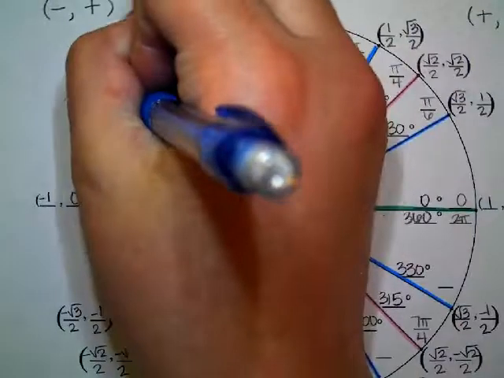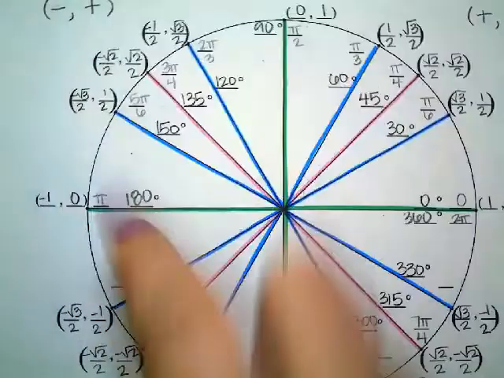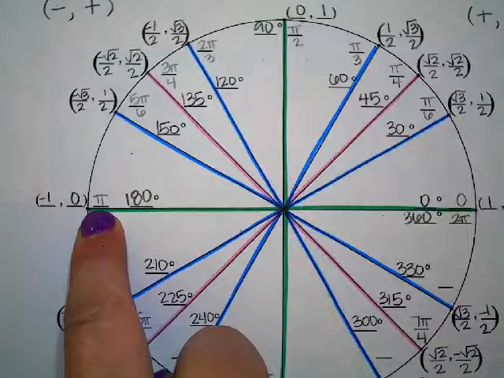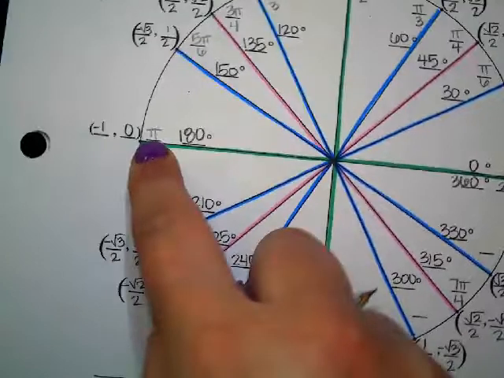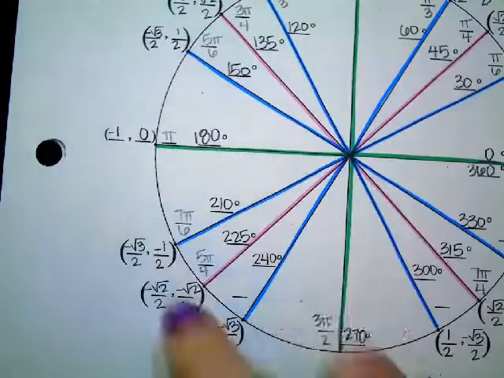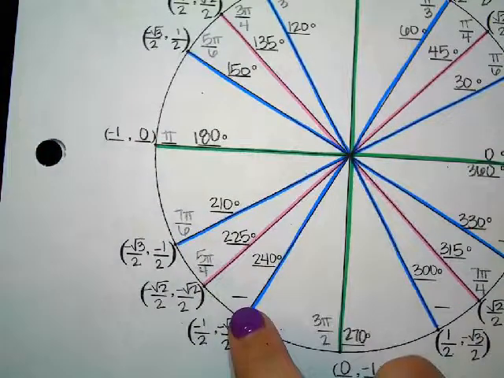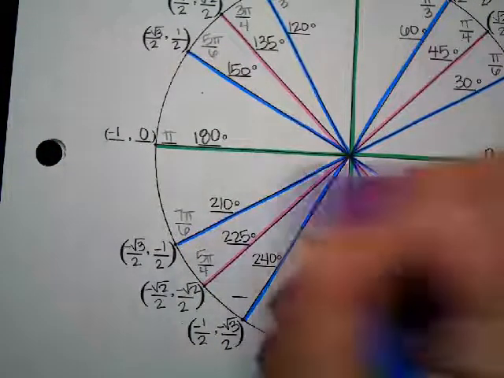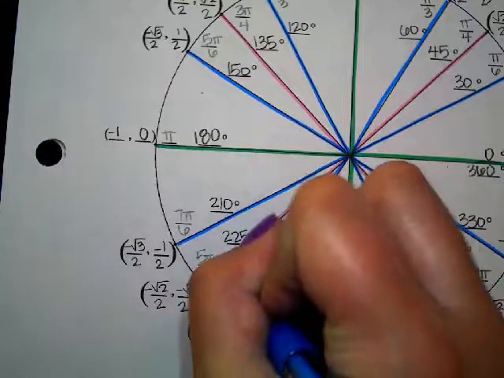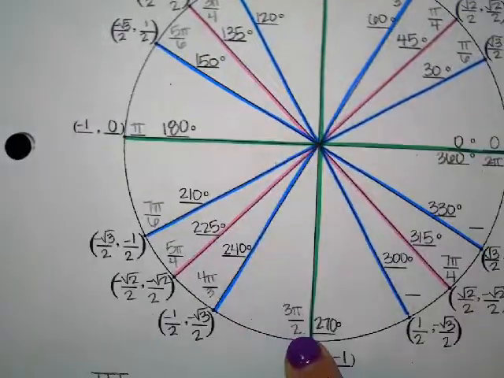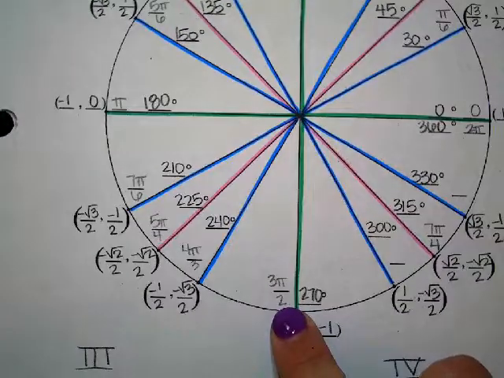And then I have 6/6. Do you agree with that? That that's 1? Okay. And then I have 7/6. And then I have 8/6, but I shouldn't write that down. What should I write? 4/3. And then I have 9/6, but what should that have been instead? 3/2, which is what it is.